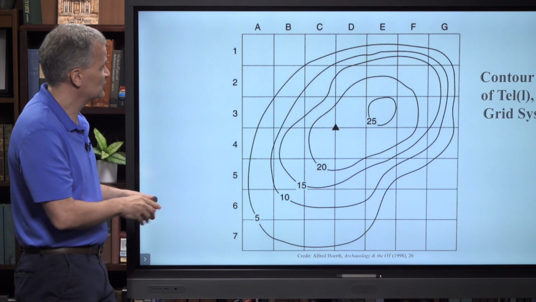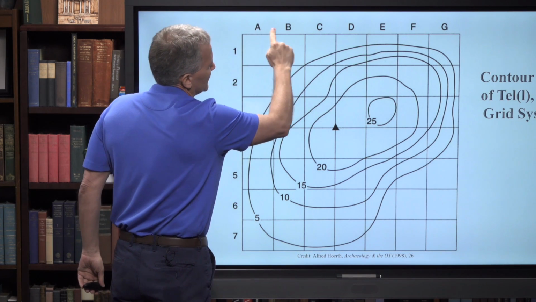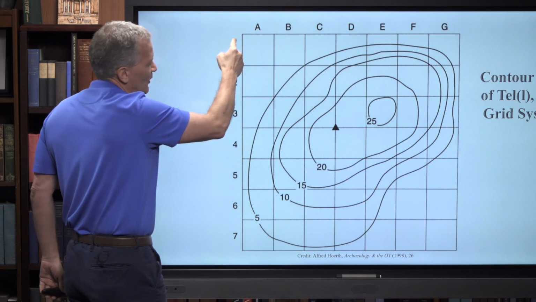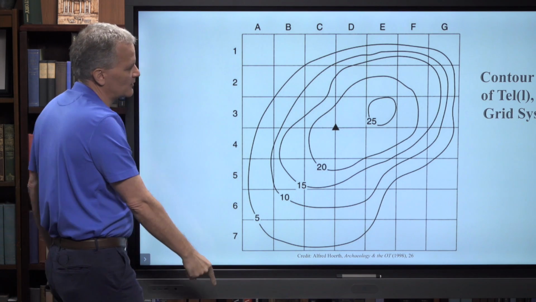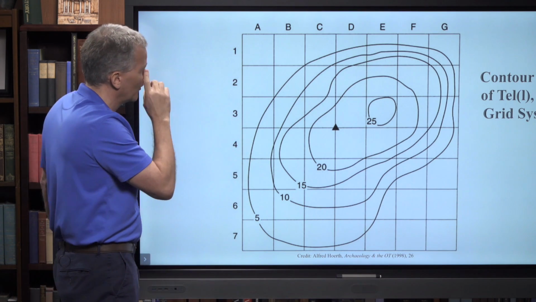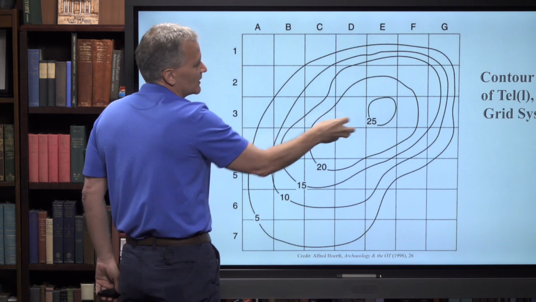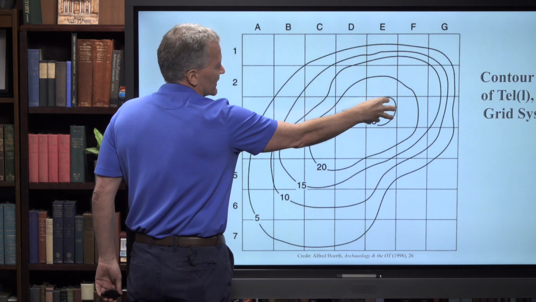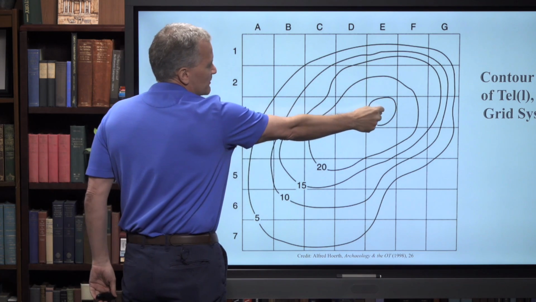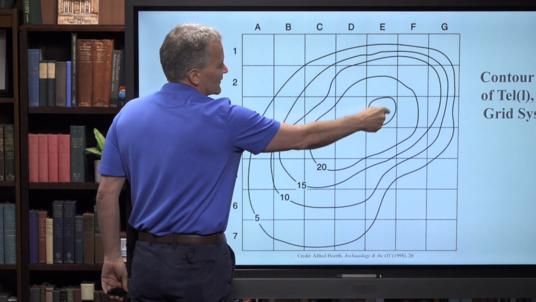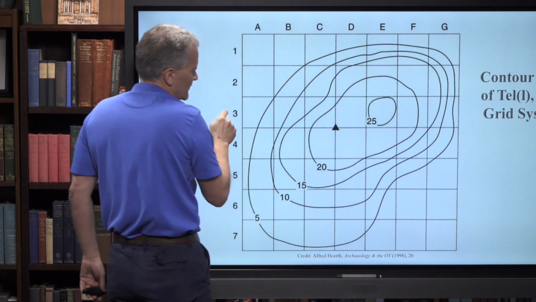And what archaeologists do is they use a grid system like this, and there are different ways to do it. You could make it A through Z going one way, counting Arabic numbers down from 1. Now what you do is you define a certain square in a grid style that falls within a certain place on the tell. So for example, if we're going to excavate the highest point on the tell, we would call this E3.